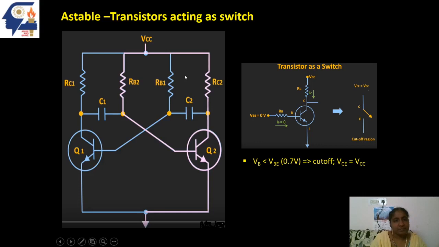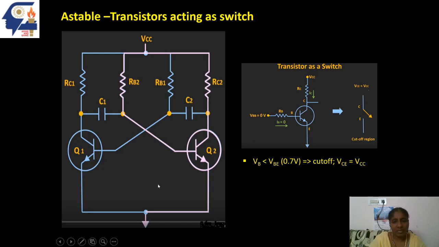Initially, we have two transistors, and a transistor can act as an on switch or an off switch. Whenever the base terminal of the transistor is less than 0.7 volts, it will be acting in the cutoff region, and in that case it will act as an open circuit or off switch, and its collector voltage VCE will be at VCC potential.